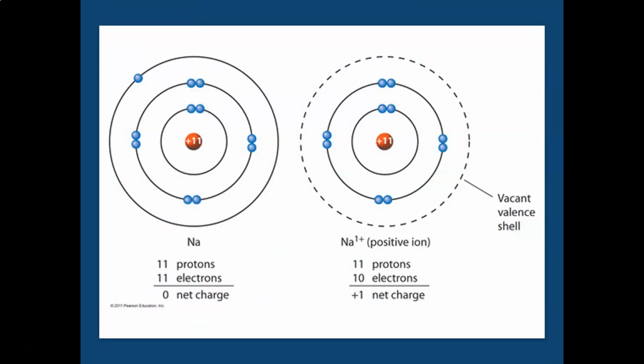Alrighty, so if we have a look here, we have our sodium atom on the left, and you can see the protons and electrons are equal, both 11, so there's no charge. However, on the right here we can see we have a positive ion for our sodium.